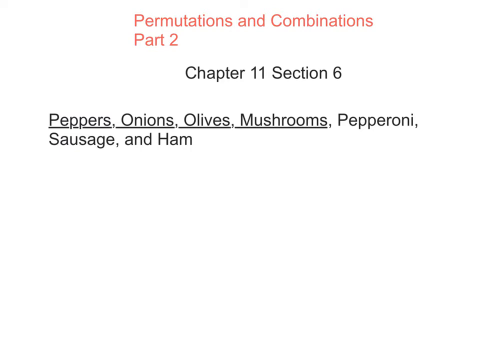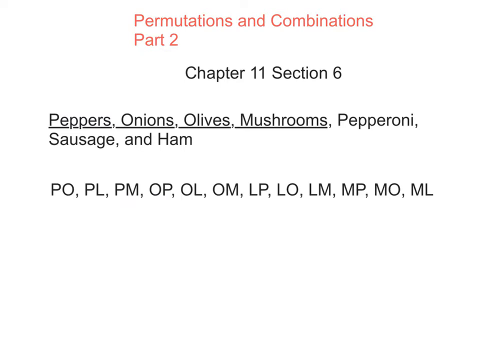So I want to list all the combinations of the different vegetable toppings that I can have. The ones that I've underlined here are peppers, onions, olives, and mushrooms. Those are the vegetables that I can put on my pizza. So let's look at the different combinations.